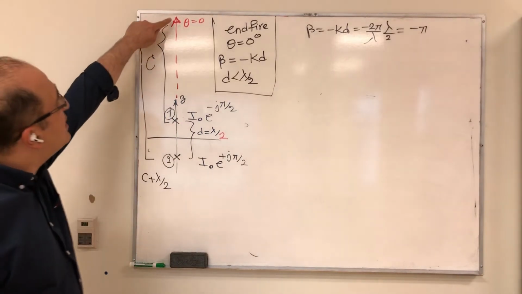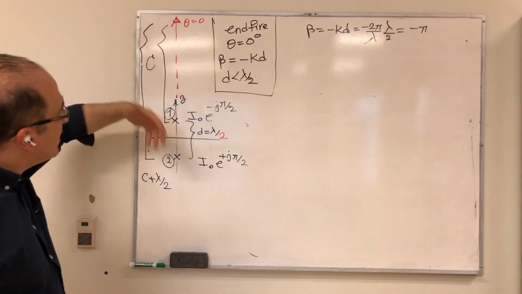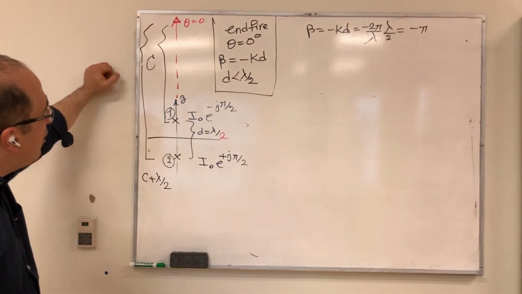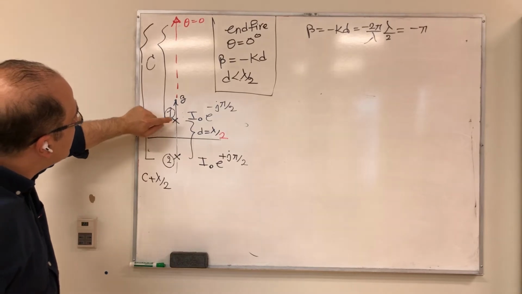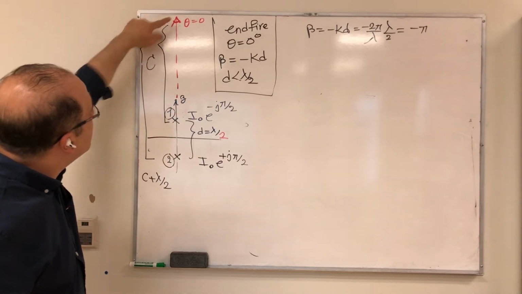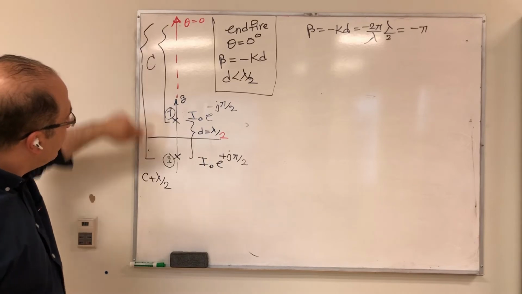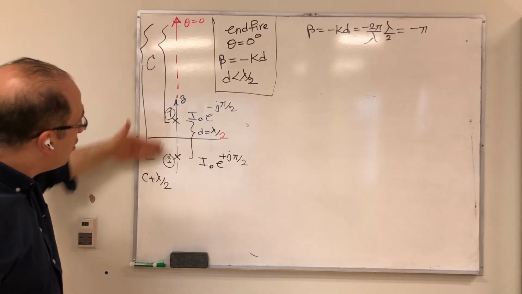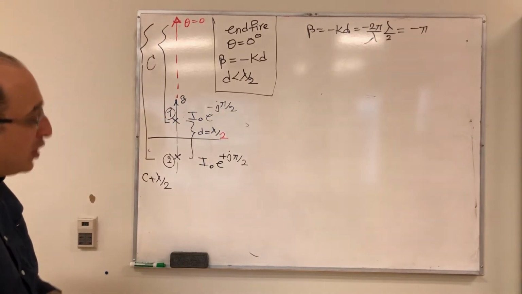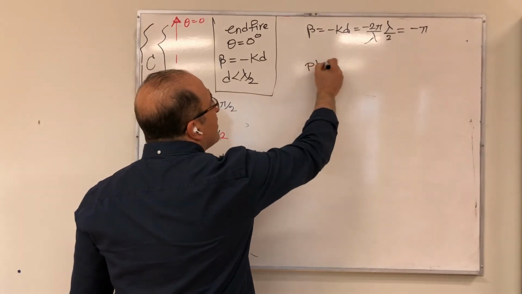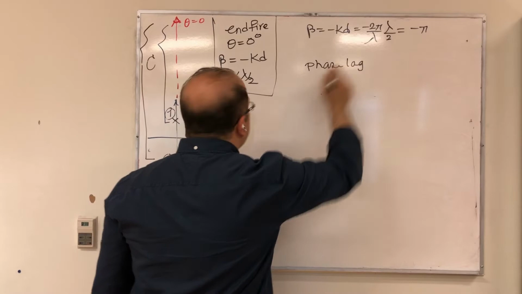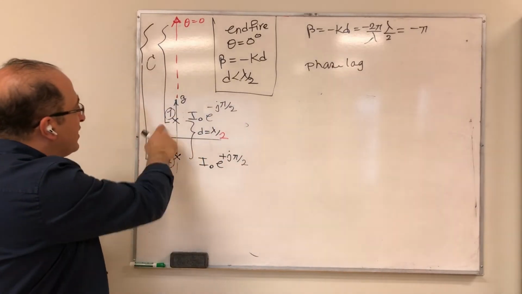Now, again, I'm sitting in the far field looking at this antenna structure. The distance from this antenna to the observation point is capital C. The second one needs to travel more, C plus lambda divided by 2. So the second one has a phase lag with respect to the first one because of the distance.